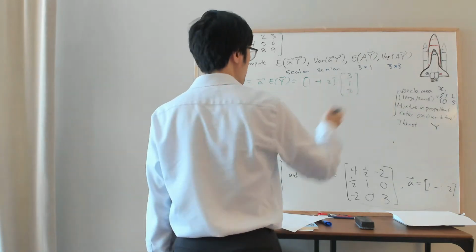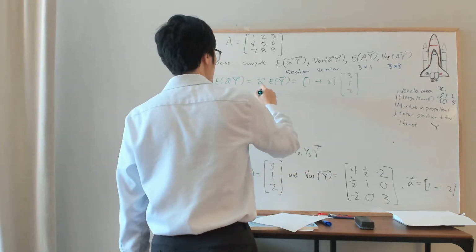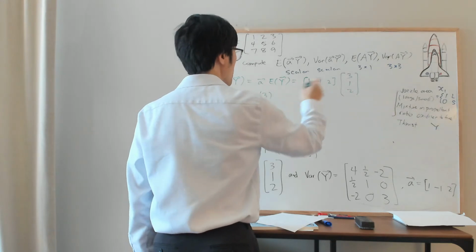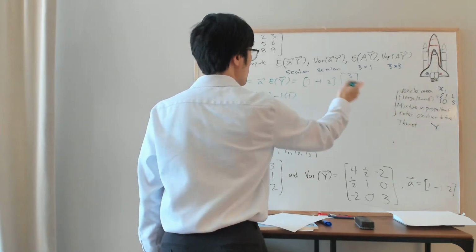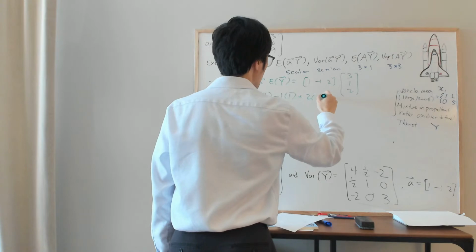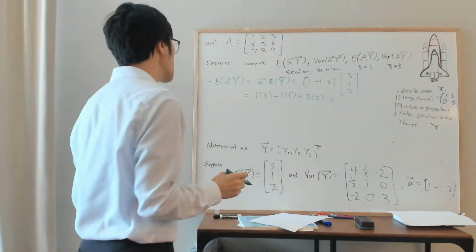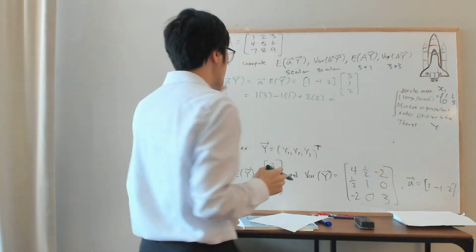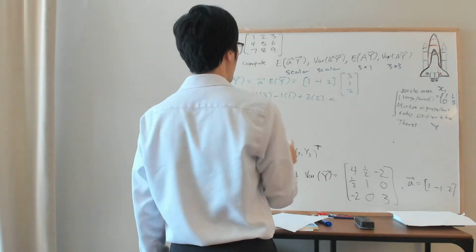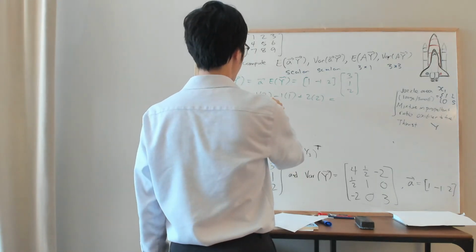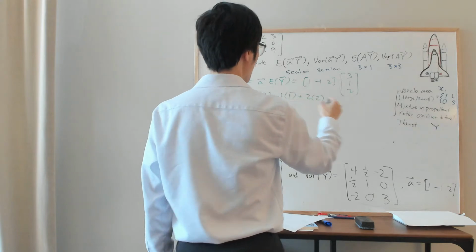Okay, and so we do multiplication, so 1 times 3, minus 1 times 1, and then plus 2 times 2. So in other words, the mean of vector A times random vector y, so if I can count, 3 minus 1 plus 4, so this is 6.